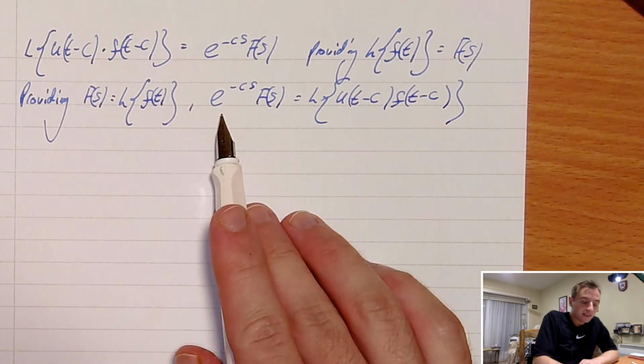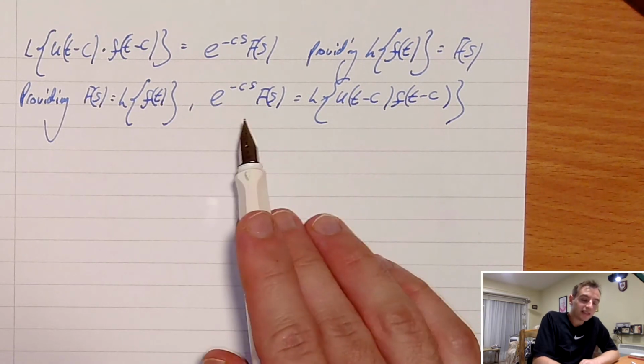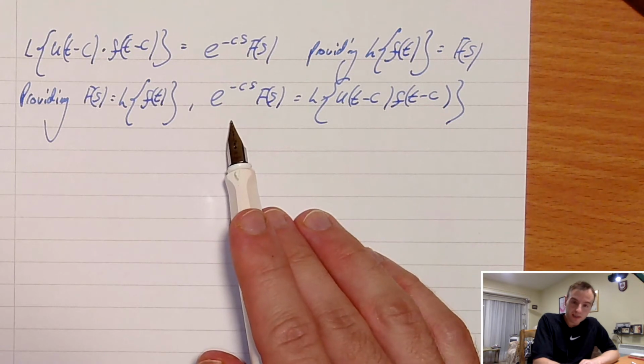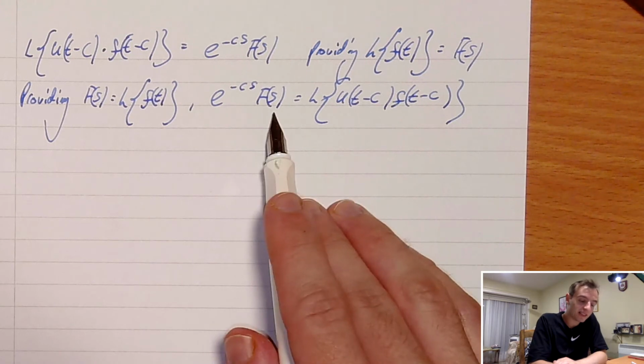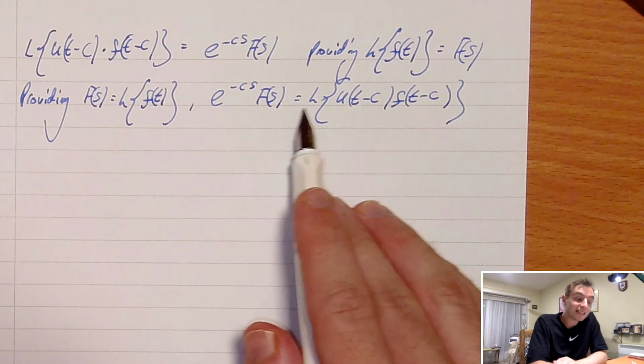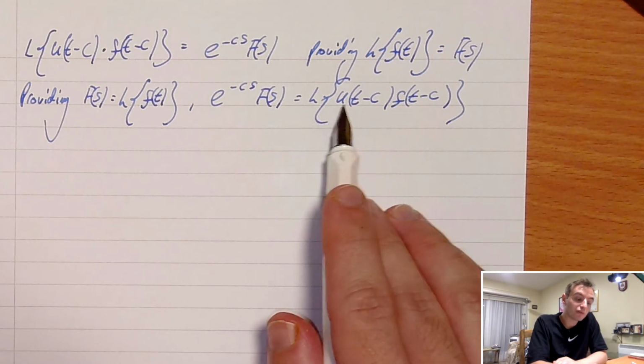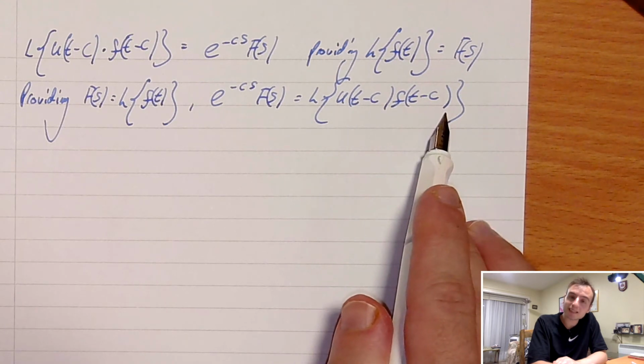And what you should see is that we're now starting to get into the inverse transform territory. Because if we have a function that looks like this, e to the minus cs F(s), we can immediately say, oh, well, that must be the forward transform of u(t minus c) f(t minus c).